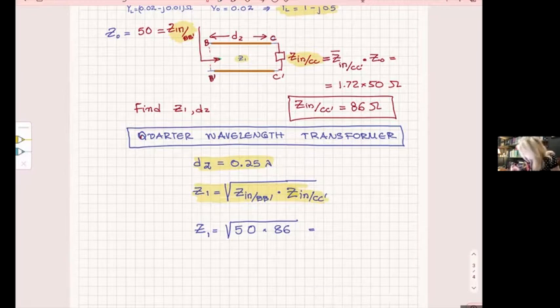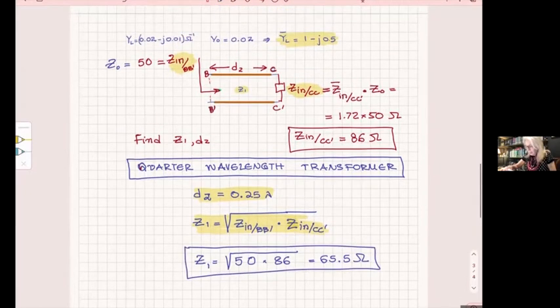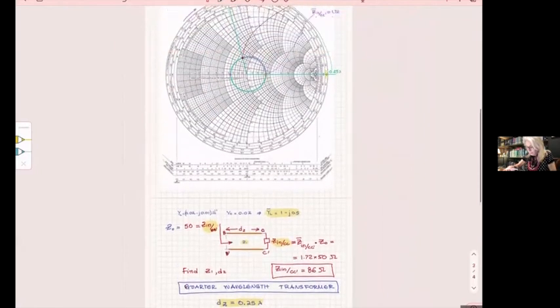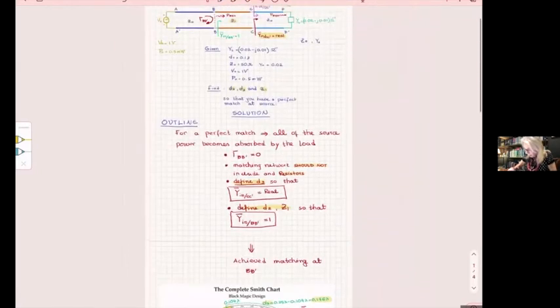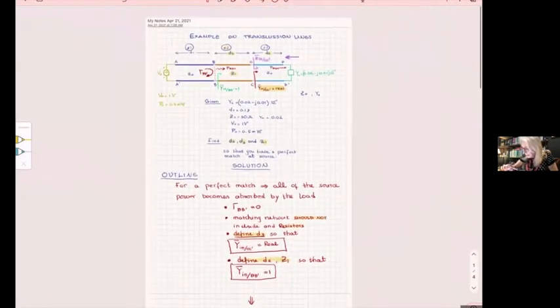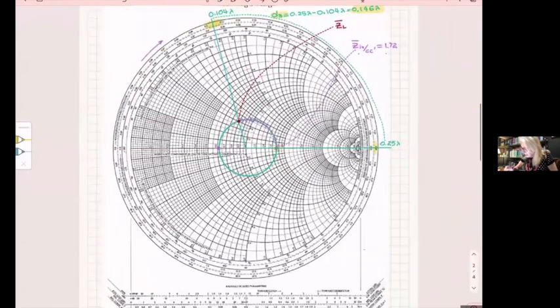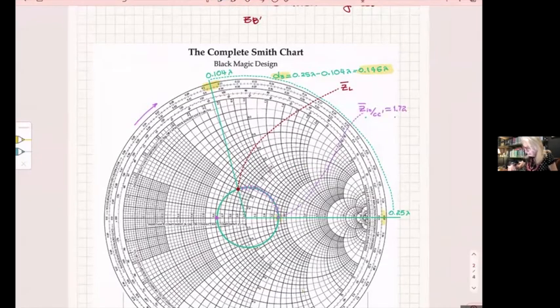So say 65.5 ohms. So I found my Z1, and now I claim that I have solved the problem. I have solved the problem because I have found D3, and D3 from here is 0.146 lambda.